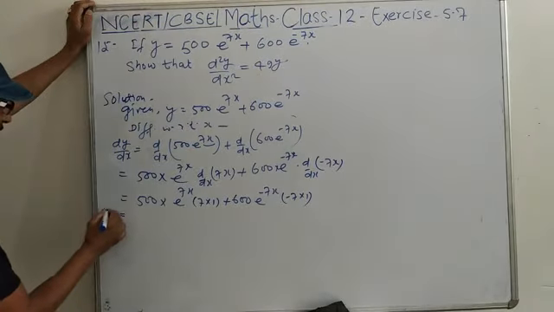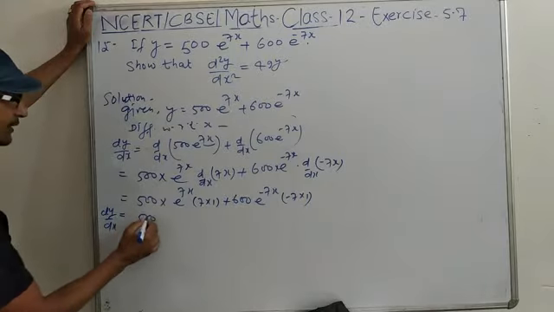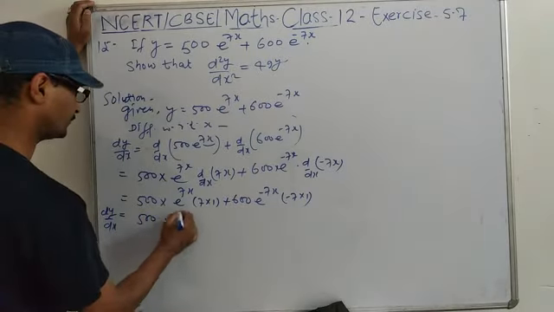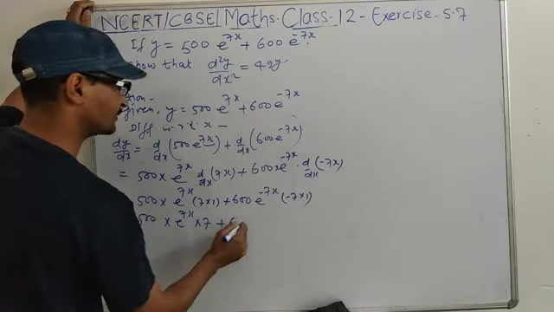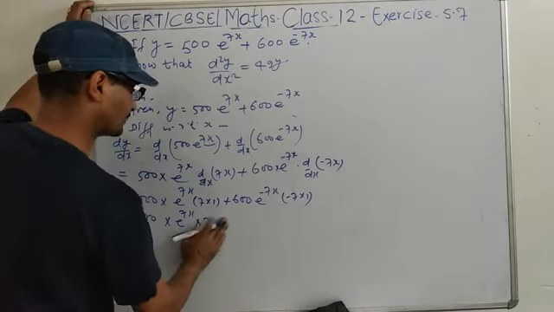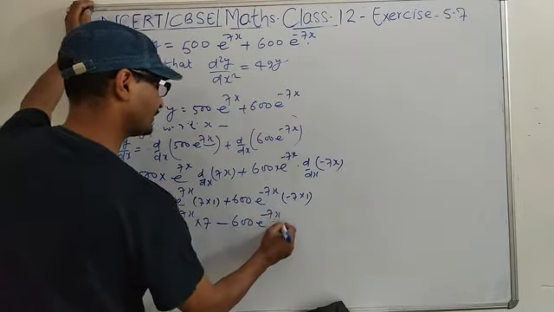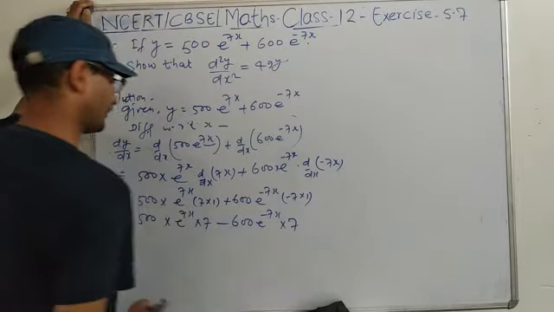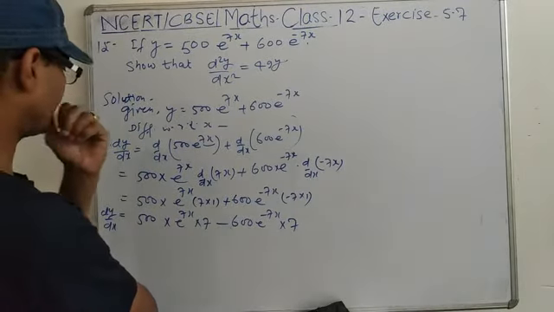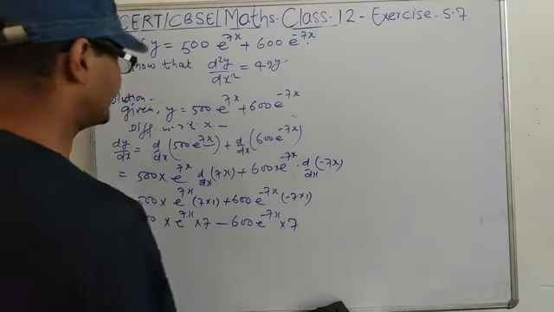So what we have, dy by dx is equal to 500 into e to the power 7x into 7 plus into minus, it becomes minus here, 600 e to power minus 7x into here 7. Now we find d2y by dx square.